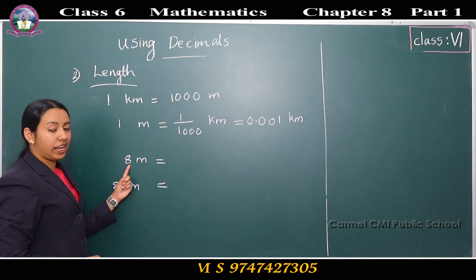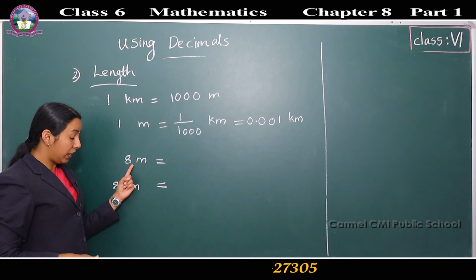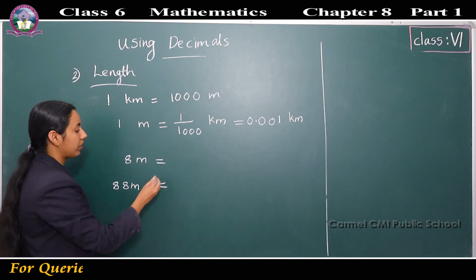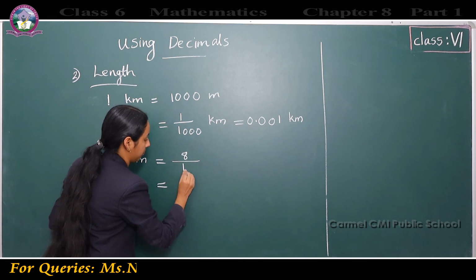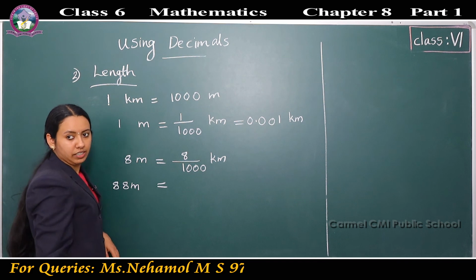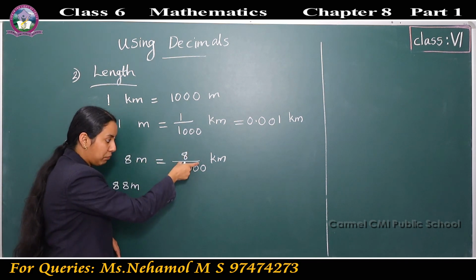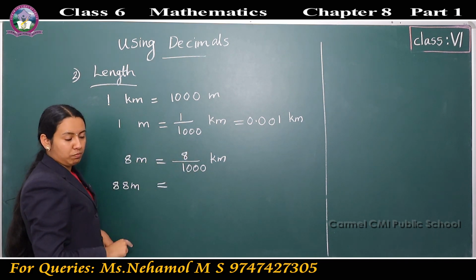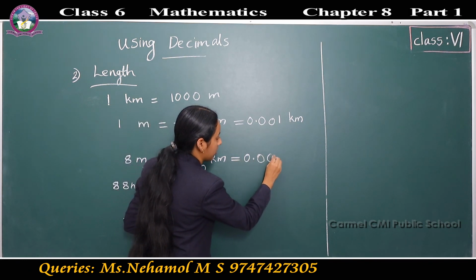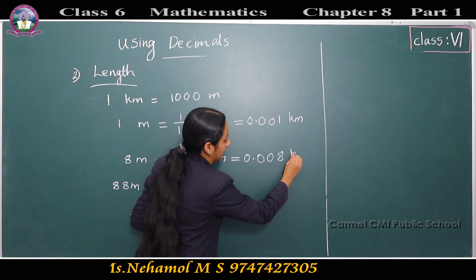Then what about 8 meter? 8 meter means how much kilometer? 8 by 1000 kilometer, which is equal to 0.008 kilometer.